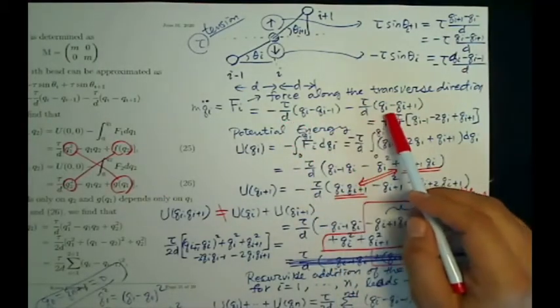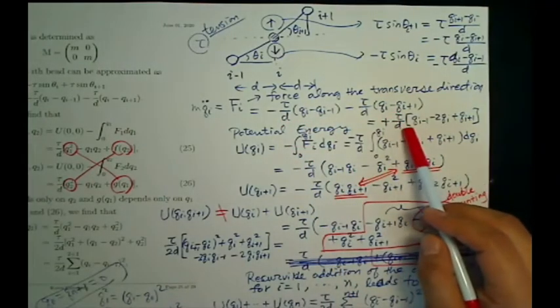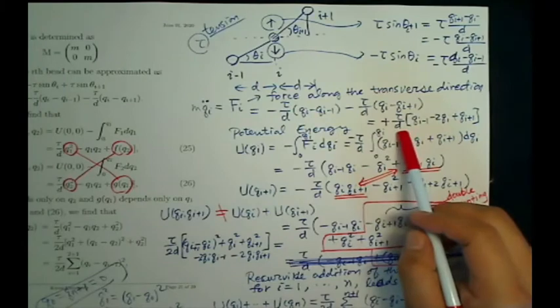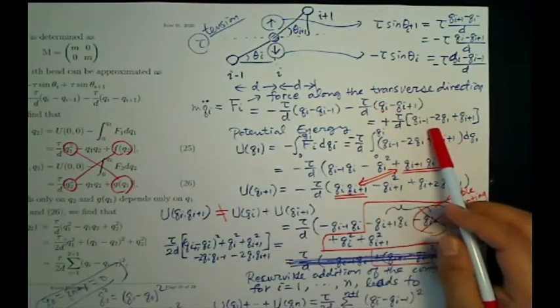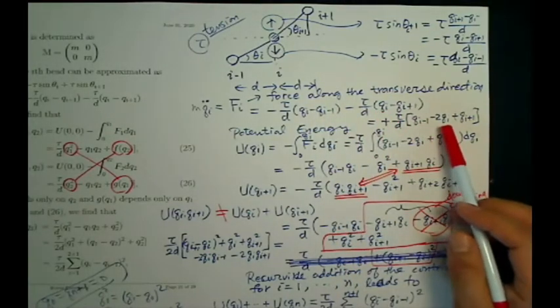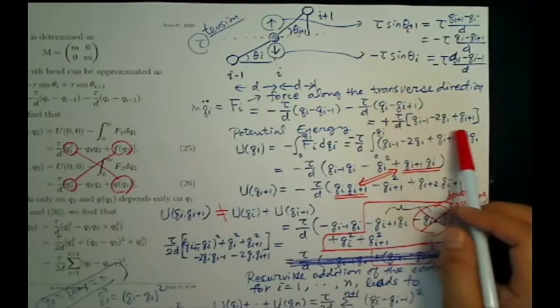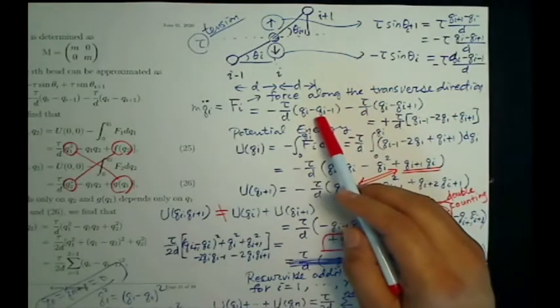The two contributions can be added to find tau over d, and there are two qi's with negative sign, and a single qi plus 1 and a single qi minus 1.